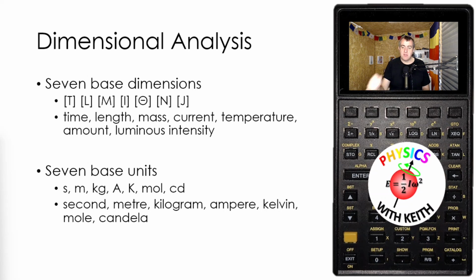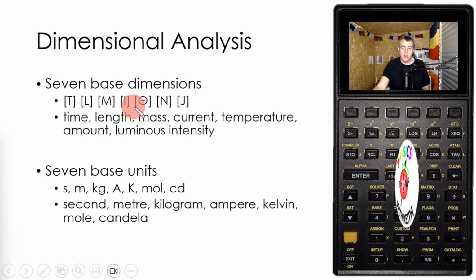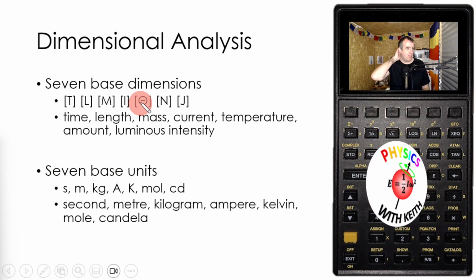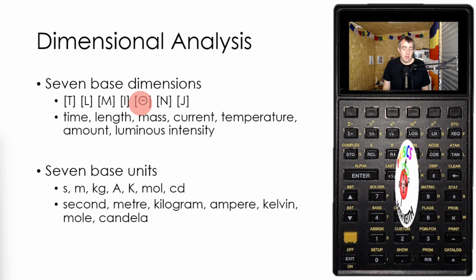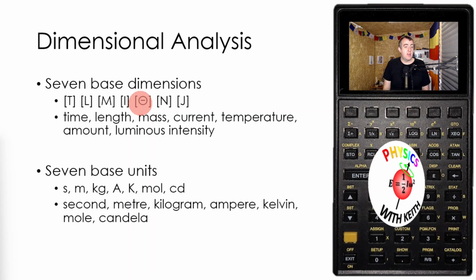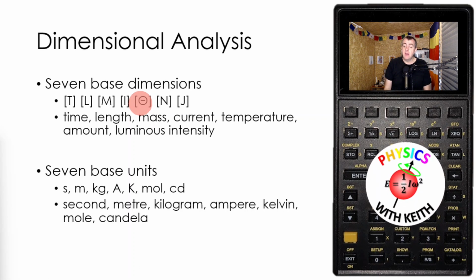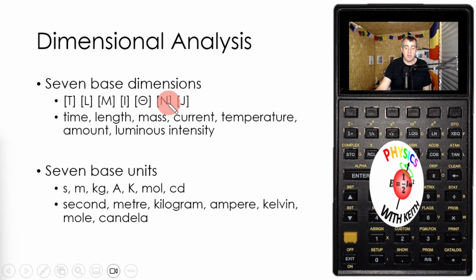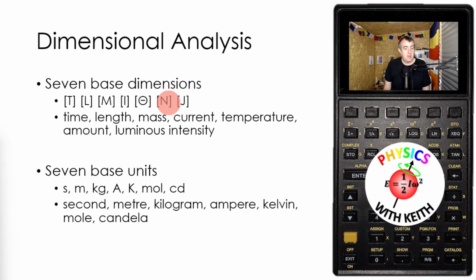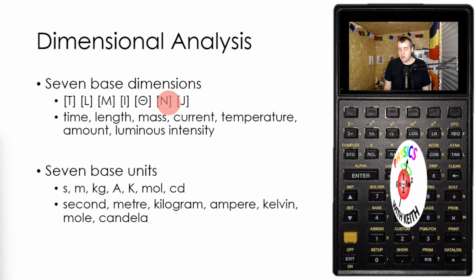Now, from a physicist's perspective, some of these are a little bit bonkers. Temperature, for example, can be expressed in terms of the others. It depends on your interpretation of entropy. Same with the number of moles of a substance, the amount of substance. Does that need to be a dimension?